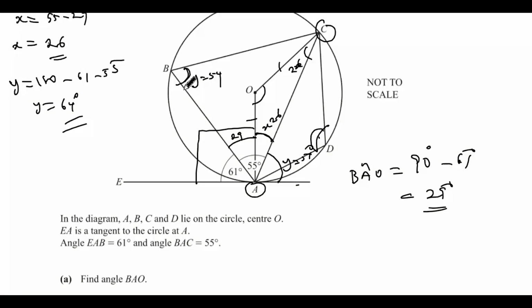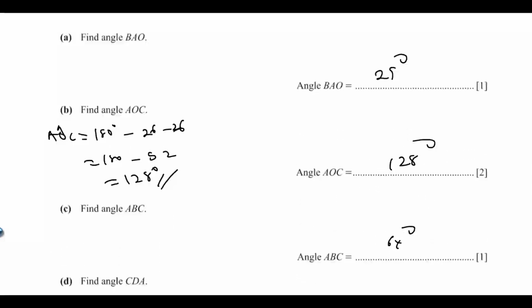So that means it should be 180 minus 54 if we want to get this particular angle here. Sorry, I think I made a mistake here. The value of Y is 64, not 54. So let's correct that. So this place will be 64, not 54. Let me check. Okay, I wrote 64 there.